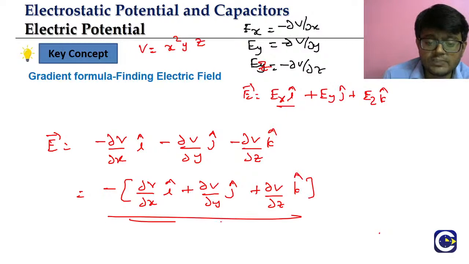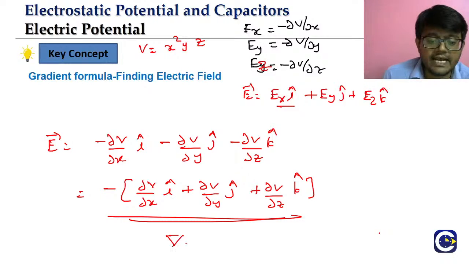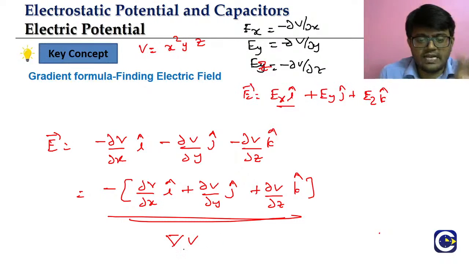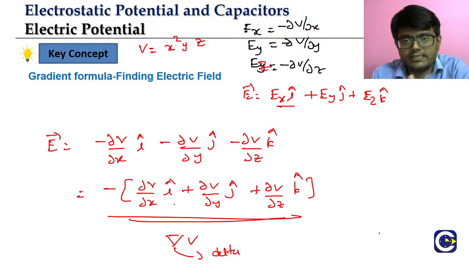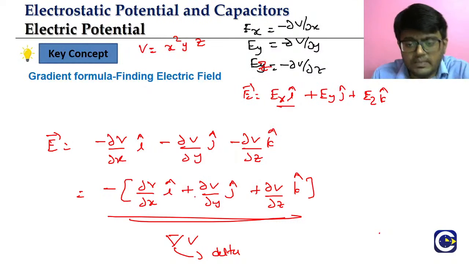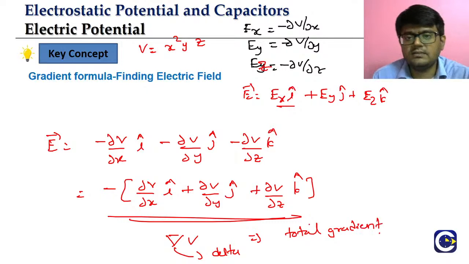This kind of expression, we will call it the total gradient of potential, or delta. What is the symbol? Delta. So this function, dou v by dou x into i cap plus dou v by dou y into j cap plus dou v by dou z into k cap, is the total gradient. It's an important thing in mathematics.